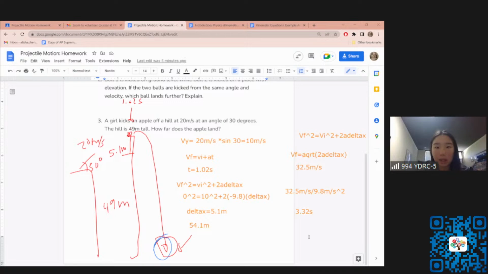So the time it takes to get down here is 3.32 seconds. Then we can just add these two values up to get its total air time, and we get that its total air time is 4.34 seconds.